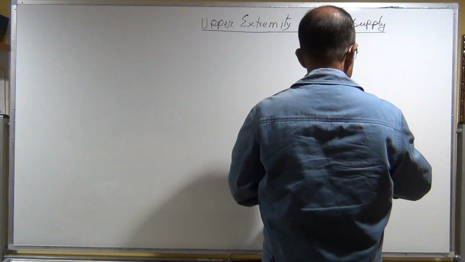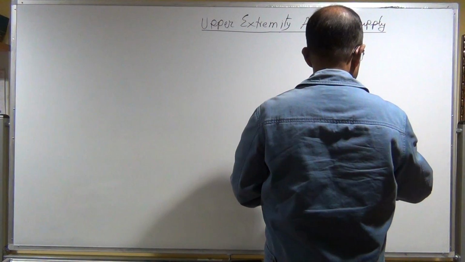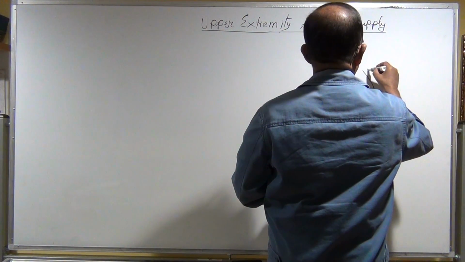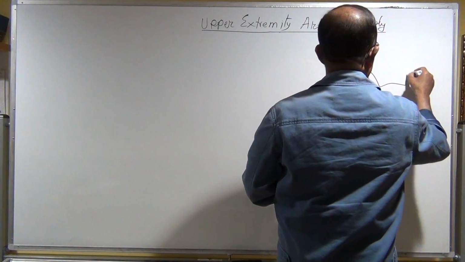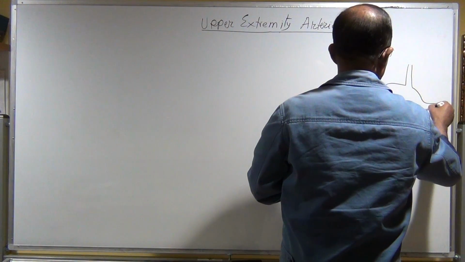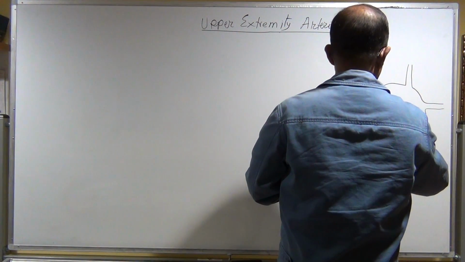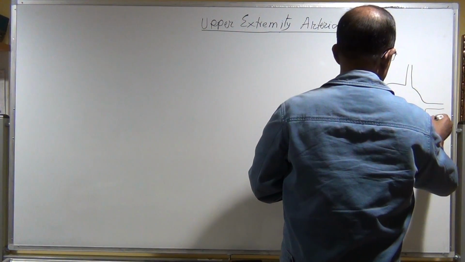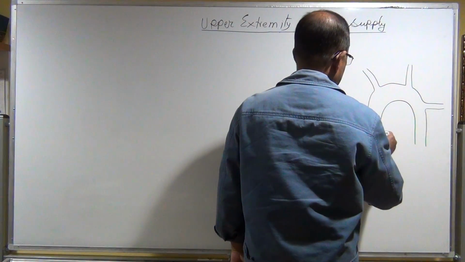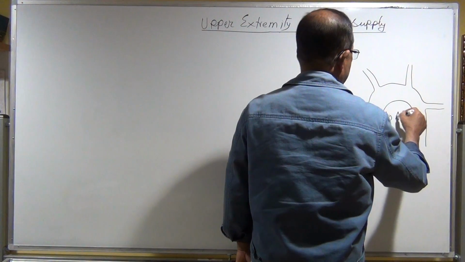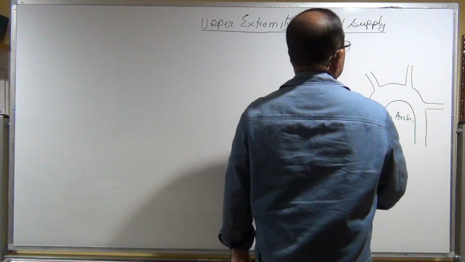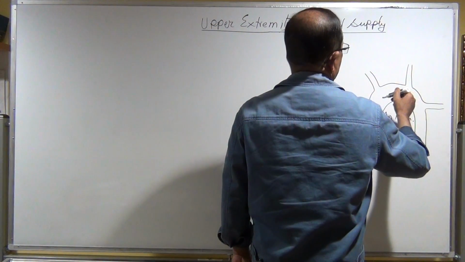I am drawing the right side first. This is the aortic arch. This is the brachiocephalic trunk, the first branch of the arch.